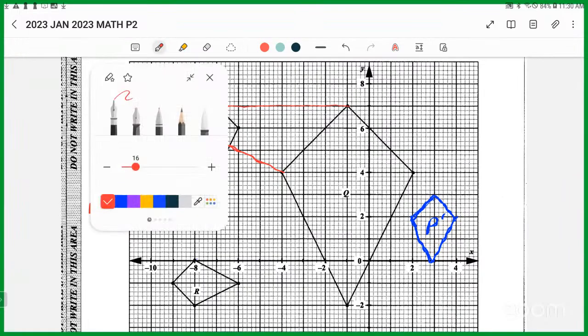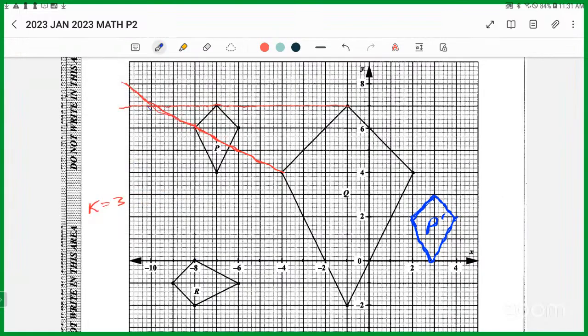So it looks as if this is the center of that enlargement. Now we can confirm that it is the center of the enlargement, because remember, the scale factor also affects distance from the center. So for example, the distance to this point is 3 units.